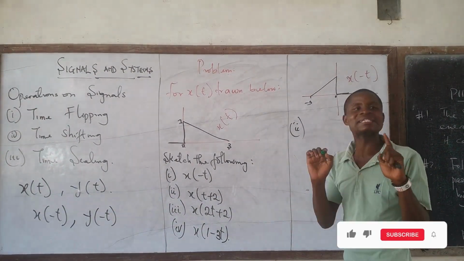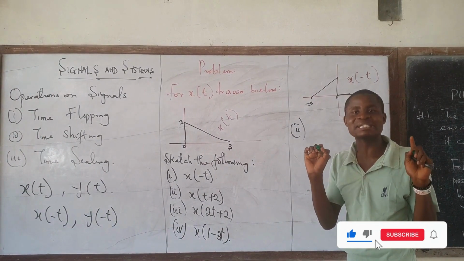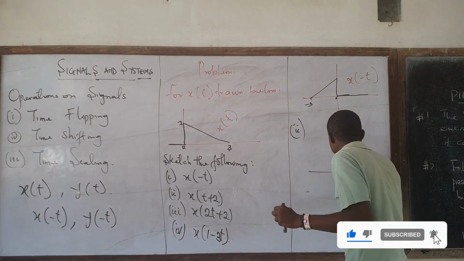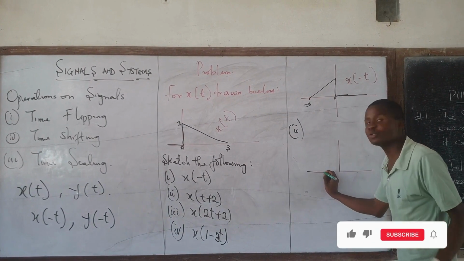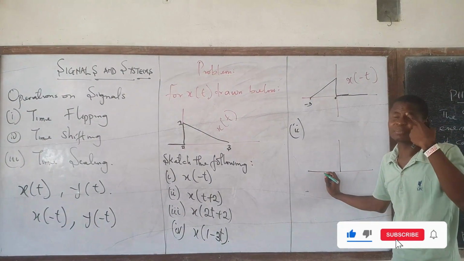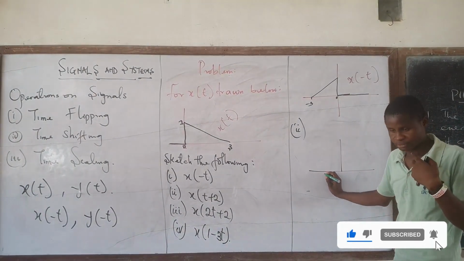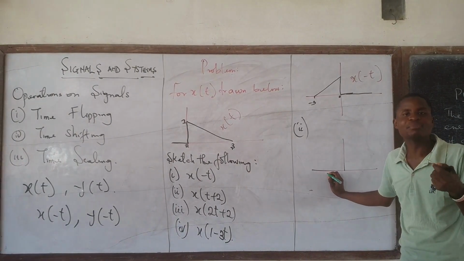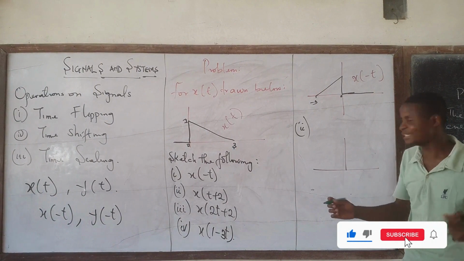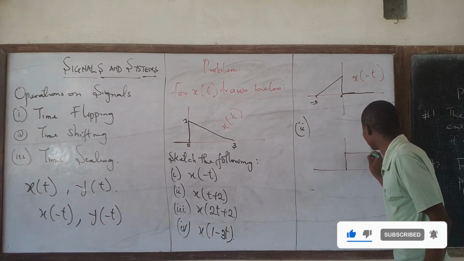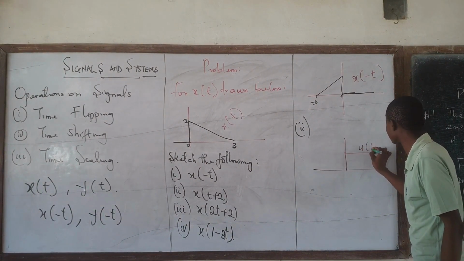A signal x of t advances when, let's say, this is x of t. Let me use a step function, an Heaviside function, to explain this. This is originally the Heaviside function u of t.